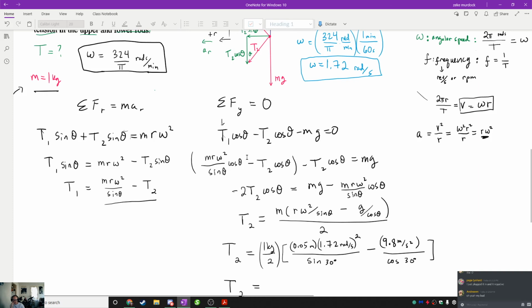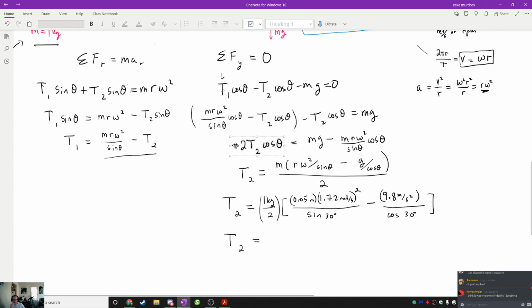And then we have negative 2T2 cos theta. So we basically need to divide all the right-hand side by 2 by a negative sign. When you divide by a negative, it flips the direction of these two, which is what I did. Oh, I did do that, yeah, because g became negative, right?